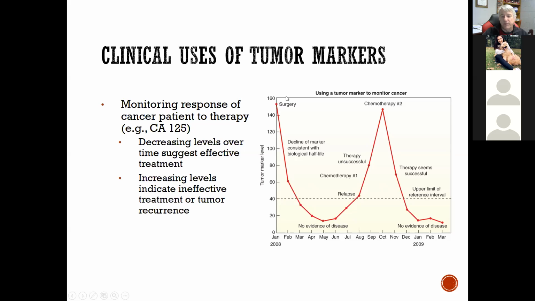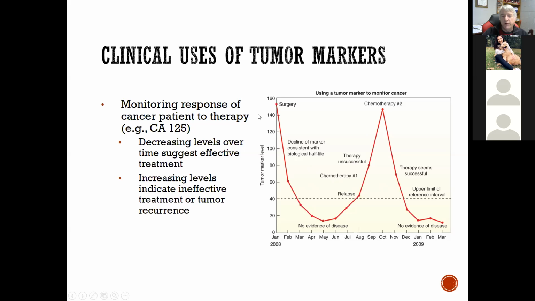That means our first surgery was unsuccessful, so we have to do chemotherapy. Chemotherapy was unsuccessful. Here it keeps rising, so we have to switch our chemotherapy, and then we see it coming back down, and that's the way we would monitor the treatment of the patient.